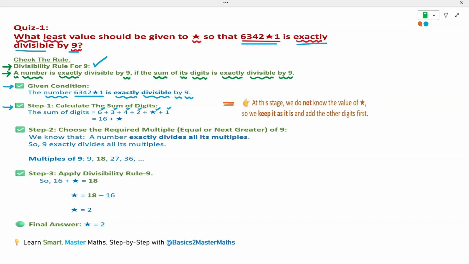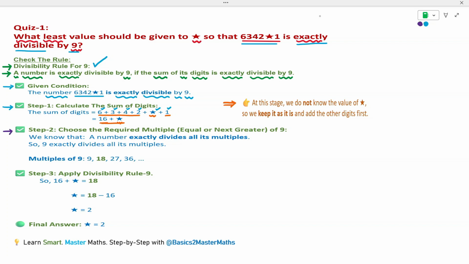Remember, at this stage, we do not know the value of star. So, we keep it as it is and add other digits first. It gives 16 plus star. Got it?